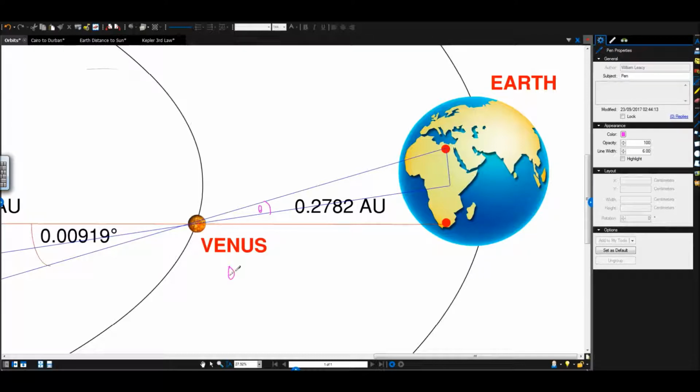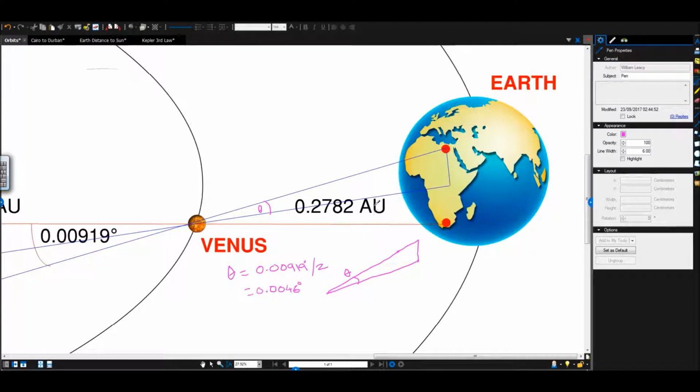So theta equals 0.00919 degrees divided by 2. So that equals 0.0046, roughly 0.0046 degrees, right? So we can just draw that triangle roughly. It's like this. There we go. So we have this angle here, that's theta.